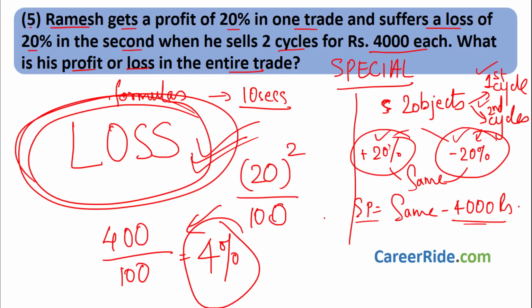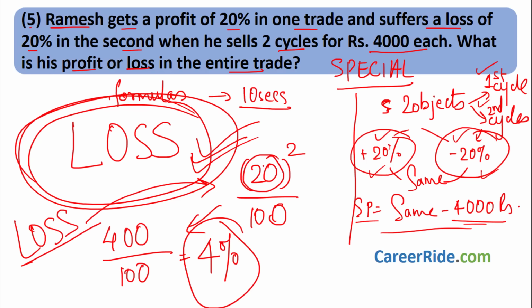See how easy it was. Whenever the selling price is same for two trades or for two transactions, and in one transaction the person gets 20% profit and in the other the person gets 20% loss, that means the percentages of profit and loss are same, then the person will always suffer a loss, and the loss percentage is given by, take the percentage value, do not say plus or minus anything, just square it and divide by 100.